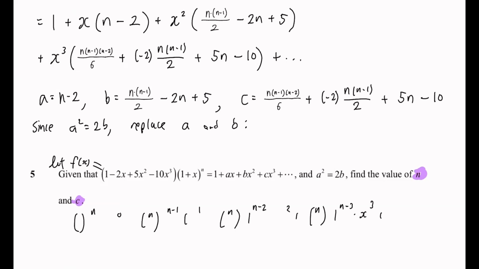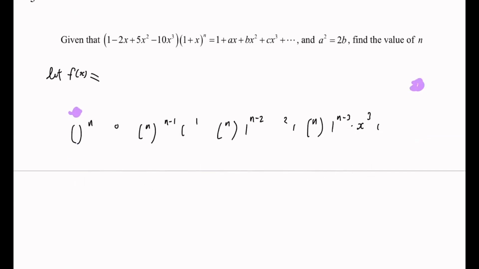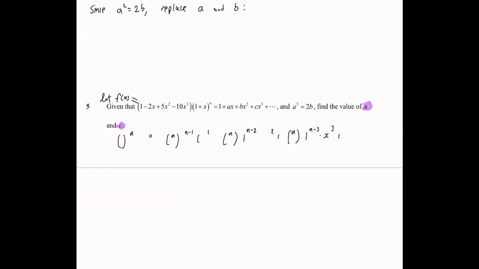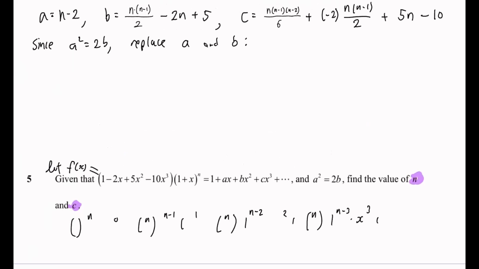What will we get at the end? We will get n minus 2 bracket squared, that's a squared, equals 2 times b, or 2 times this b, but you must have brackets.